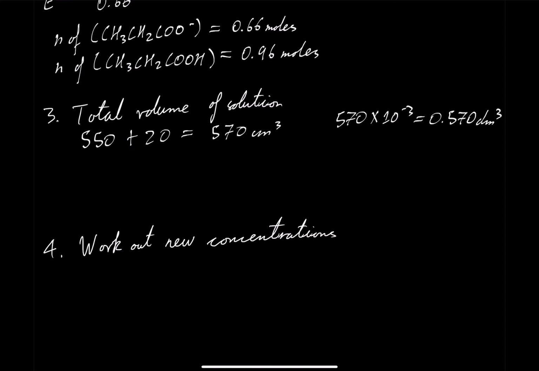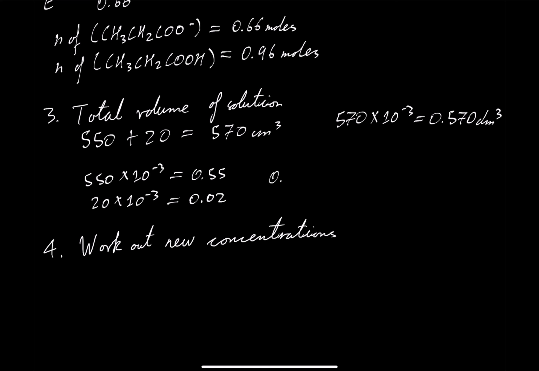If you really want to go through the long method, you can say 550 times 10 to the power of minus 3 and 20 times 10 to the power of minus 3, so 0.55 and 0.02. Again, you don't have to do this.